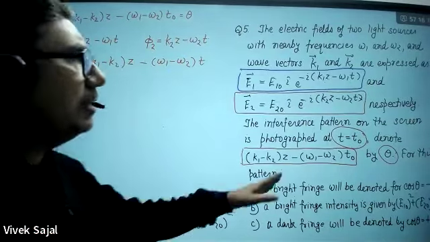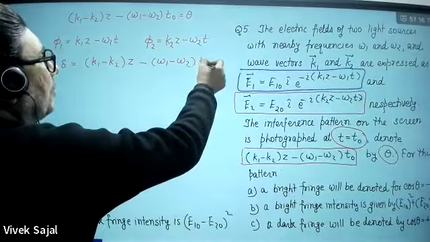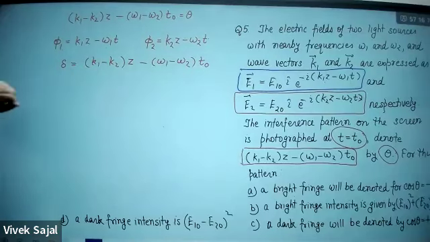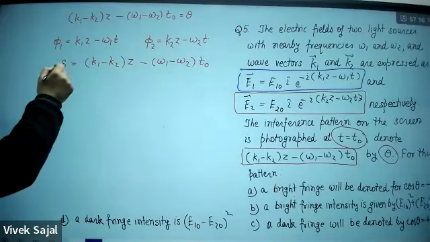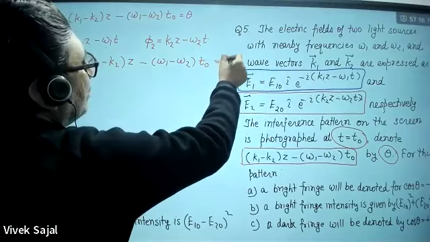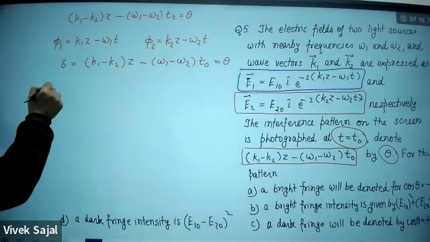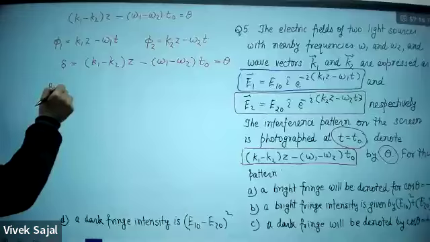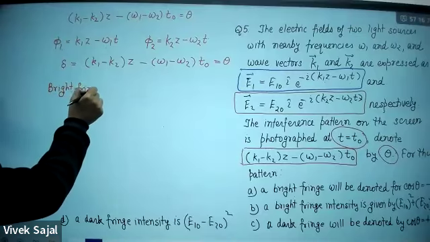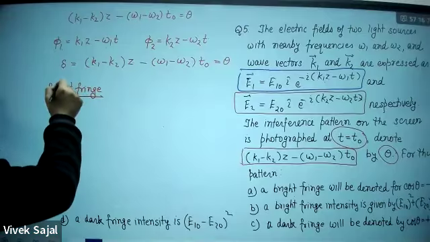Now they are talking about time t equal to t naught. So at time t equal to t naught, this will be the phase difference, and they are denoting this phase difference delta by theta. So for the bright fringe, what is the condition in terms of delta?